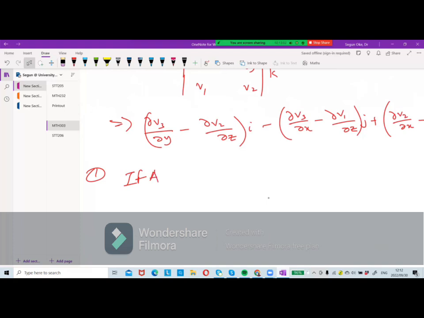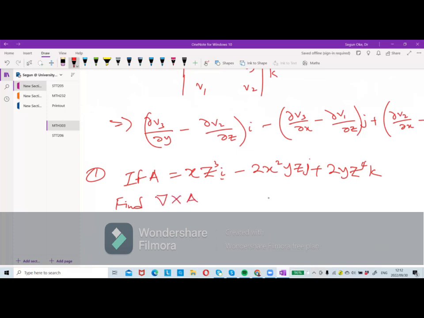It says if A is equal to xz^3 i minus 2x^2 yz j plus 2yz^4 k. Find, when you see something like this, they are talking about curl A, or they put it there, curl A, at the point (1, -1, 1).